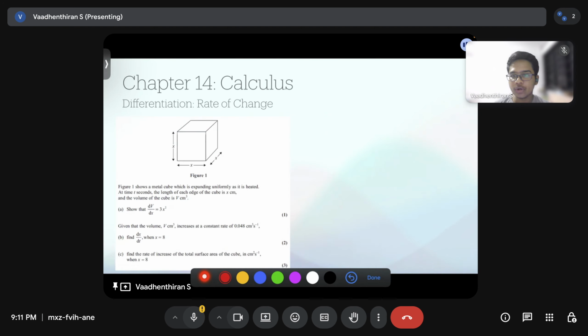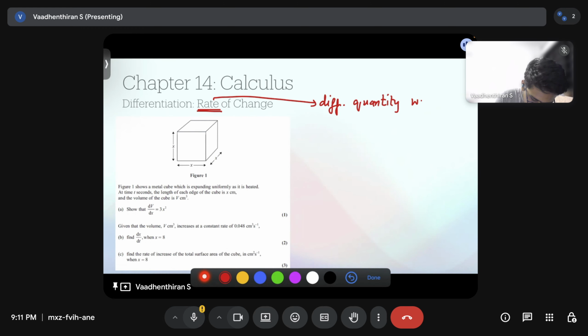The last topic for differentiation, and hopefully for this video, is rate of change. Rate of change is basically with respect to time. This means we are going to differentiate a quantity, any quantity, with respect to time.